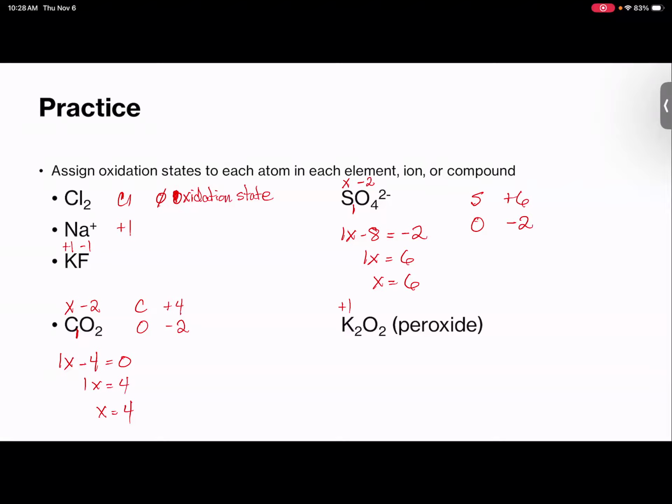And in this particular case, I tell you that the oxygen is part of a peroxide. When oxygen's a part of a peroxide, it is a -1. So the potassium's a +1 and the oxygen's a -1 oxidation state. Questions? I'm just following the rules, step by step by step.